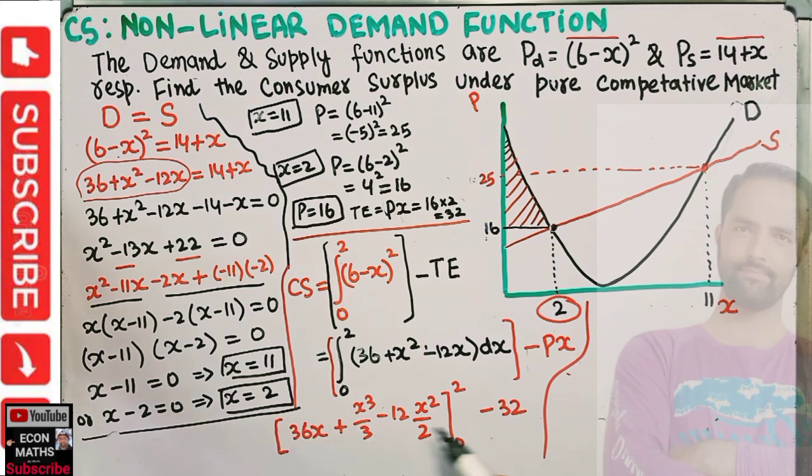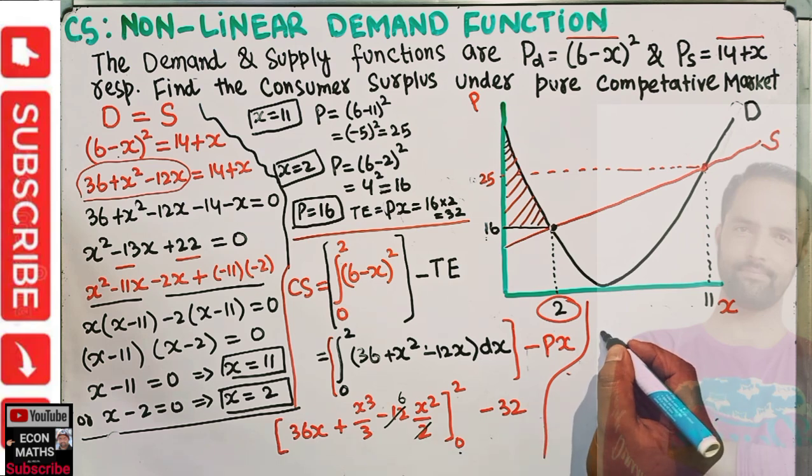Now we have to evaluate these terms. First we evaluate them at 2, then we subtract the value at 0. If we evaluate at 0, the whole thing becomes 0, so we evaluate only at the upper limit, that's 2.